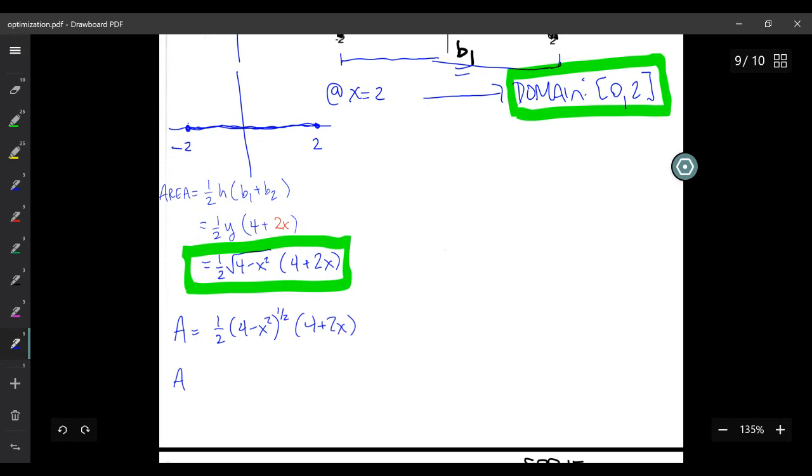So product and chain rule here: 1/2 times (4 minus x squared) to the -1/2 times -2x, times (4 plus 2x). So take the derivative of the first term, leave the second term alone, plus the first term, (4 minus x squared) to the 1/2, times the derivative of the second term, which is just a 2.